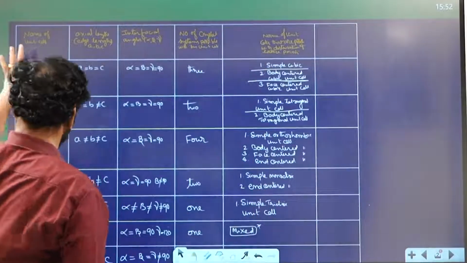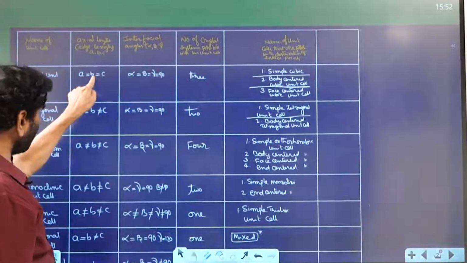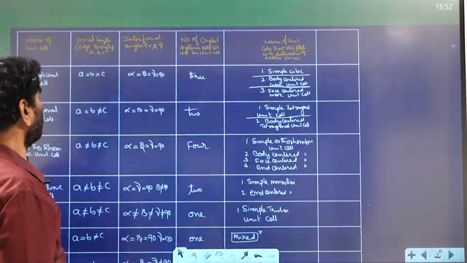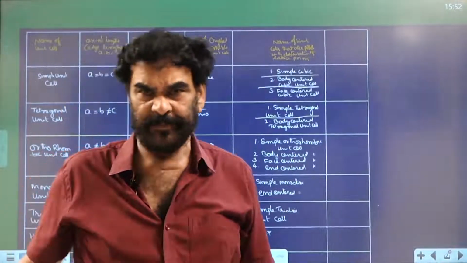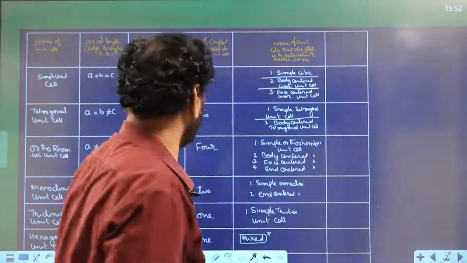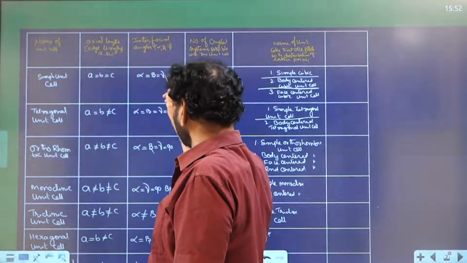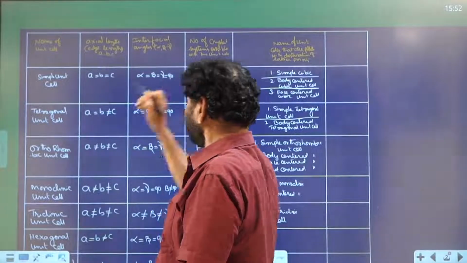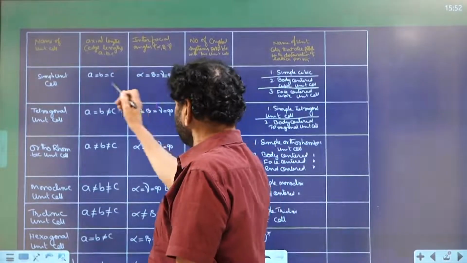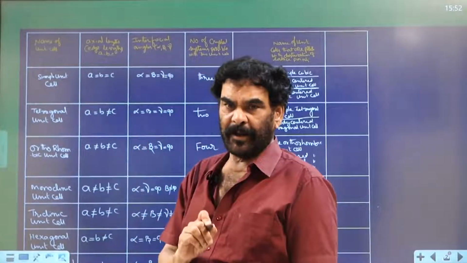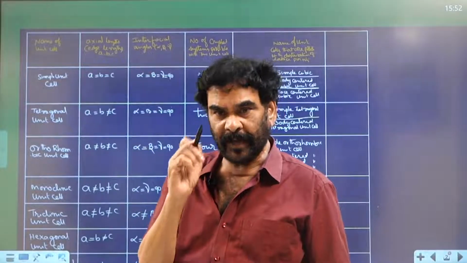First, if the axial lengths A is equal to B is equal to C, the 3 axial lengths are same, the edge lengths are same in the unit cell, and the angles alpha is equal to beta is equal to gamma is 90 degrees.